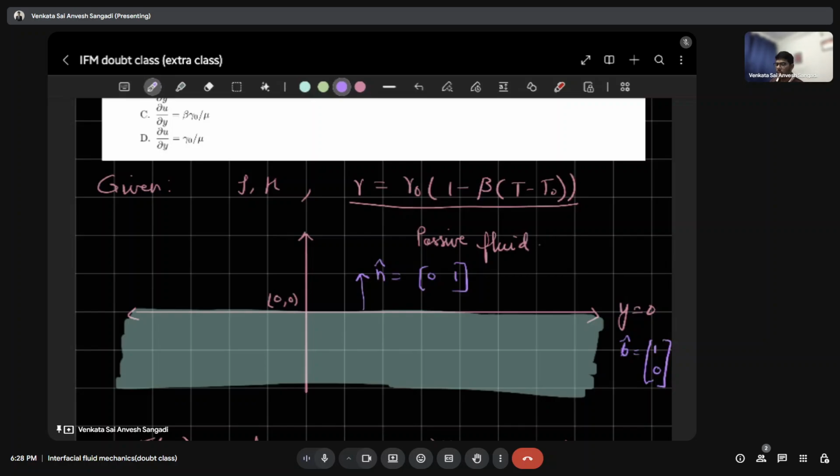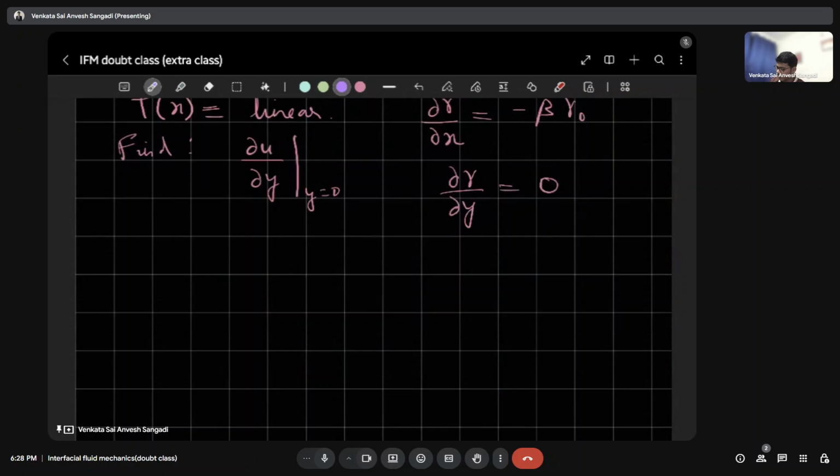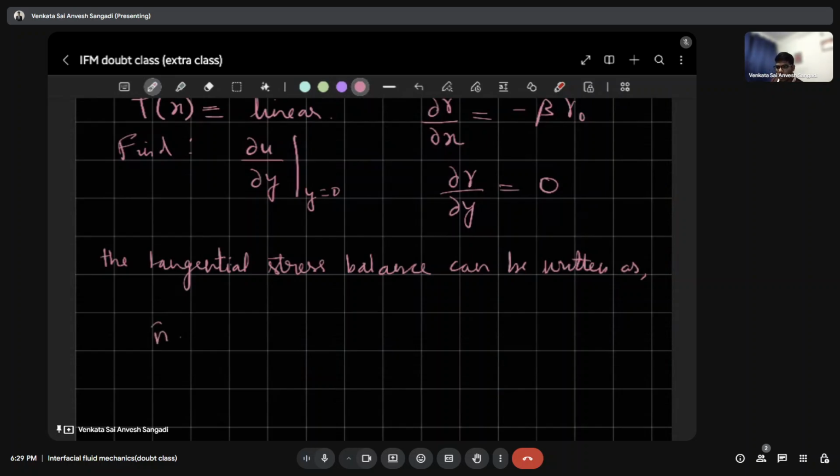So the tangential stress balance can be written as n hat dot tau dot t hat.